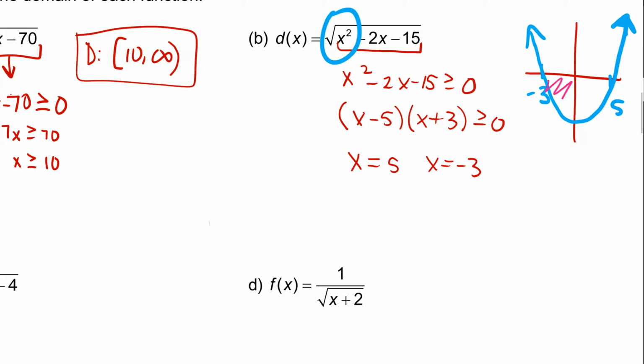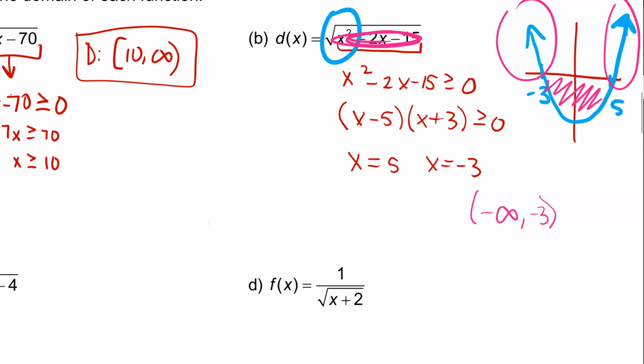Any value between negative 3 and 5, when I plug it into the quadratic, would give me a negative y value, and I don't want that. So I only want the portions where it gives me a positive number, which is why it would be negative infinity to negative 3, union, sorry, this should be a square bracket, because I can put in 0, union 5 to infinity.